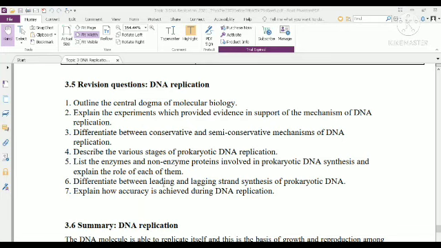For the leading strand, the RNA polymerase will only need to add one RNA primer, and then the DNA polymerase will continue. But for the lagging strand, due to the complex mechanisms I explained in the previous slides, you have multiple RNA primers.